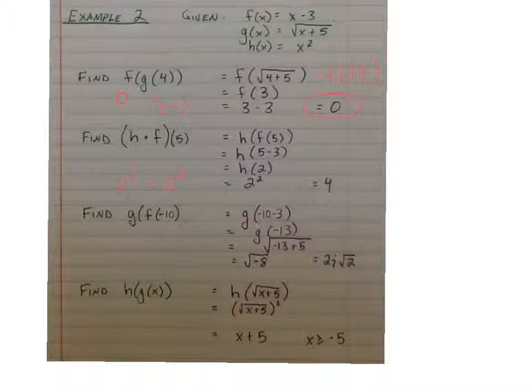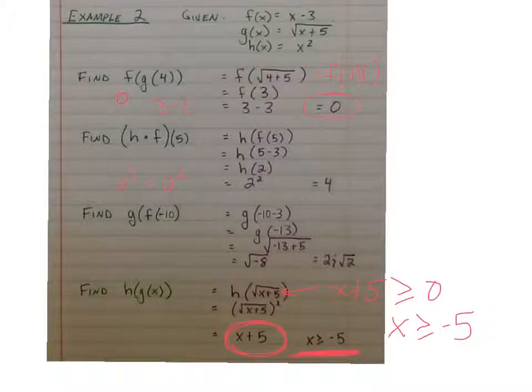Now the interesting thing here is that the answer is x plus 5, but we had a constraint because we're not allowed to take the square root of a negative number. So x plus 5 is greater than or equal to 0, which means x is greater than or equal to negative 5. So we have an answer with a constraint on that answer.